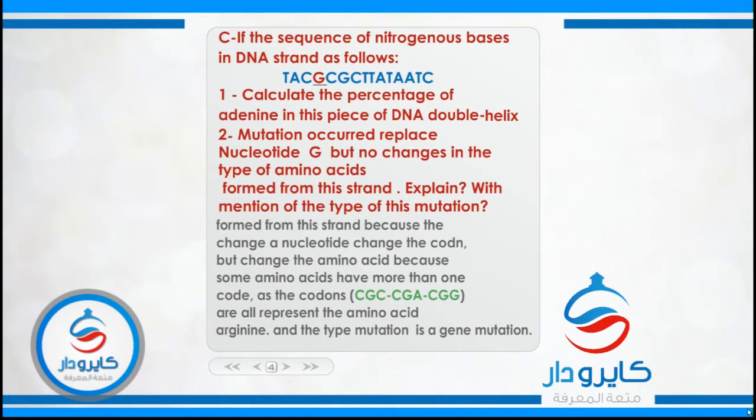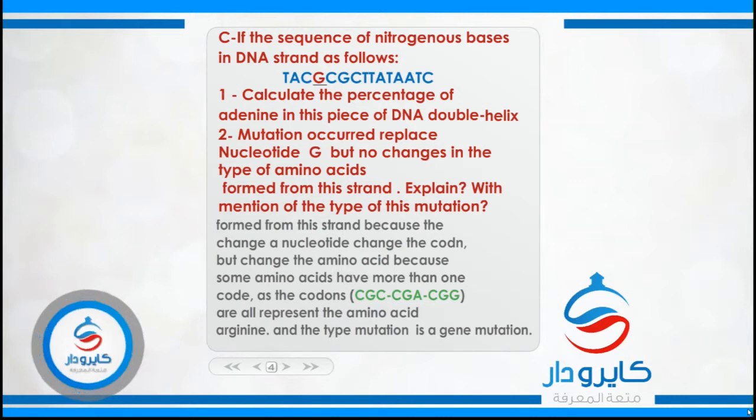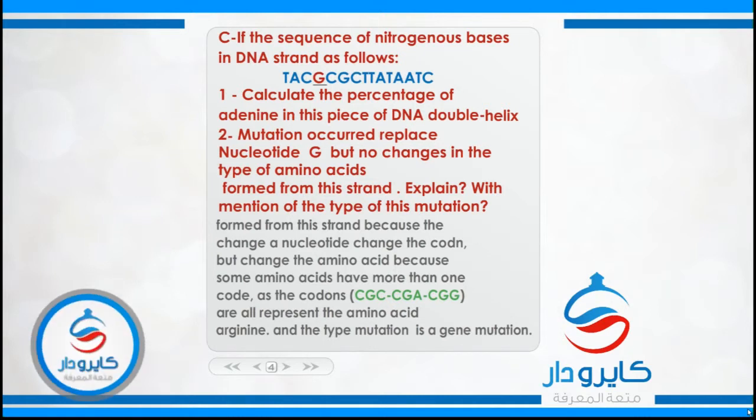So if the nucleotide changes, that may change the amino acid, but also may not change it, because each amino acid has more than one codon. But if the change of the nucleotide sequence changes the amino acids, that is called gene mutation. But if there is no change in the amino acids, that means no change in the character, or no mutation takes place.